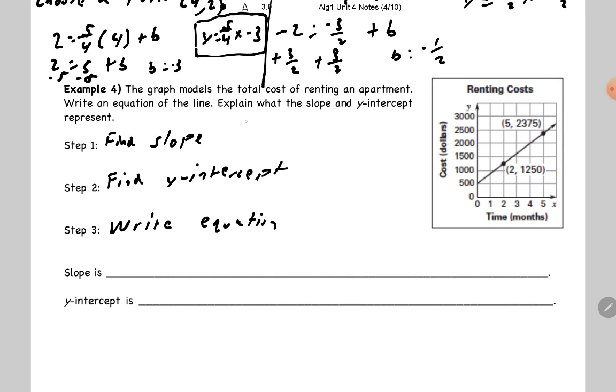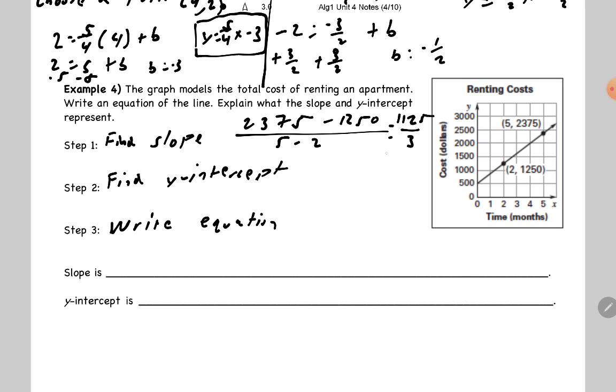For the slope, I'm going to do top minus bottom. 2,375 minus 1,250 over 5 minus 2. Let me bust out a calculator here. 2,375 minus 1,250 is 1125 over 3. Let's see if it divides.